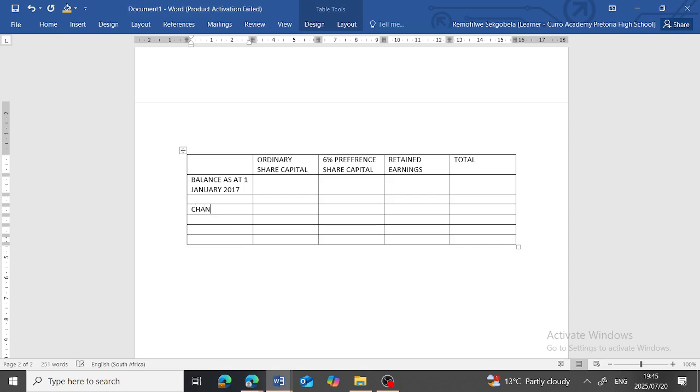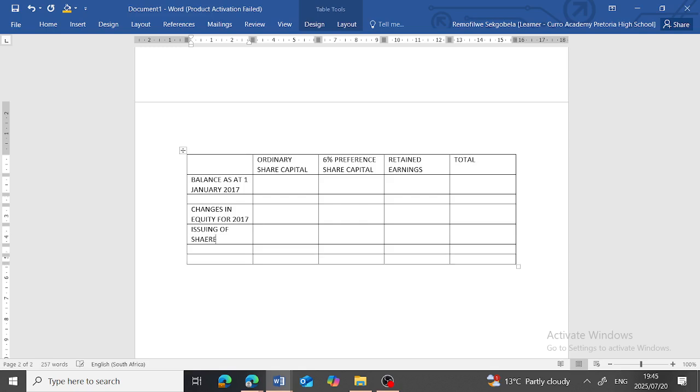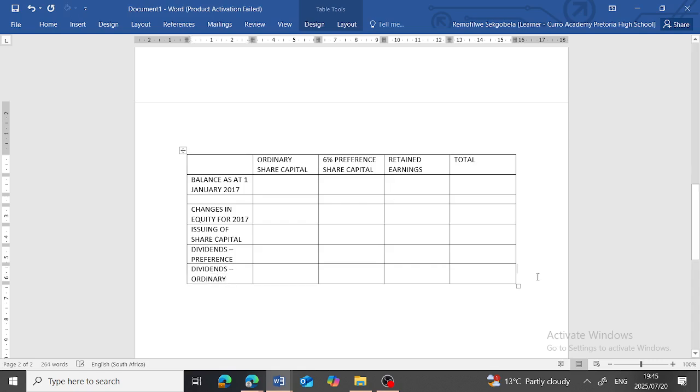After that, changes in equity for 2017. Then issuing of share capital. We're then going to have dividends, with preference dividends and dividends of ordinary. This is just us labeling them. You should know the format by now, ladies and gentlemen.